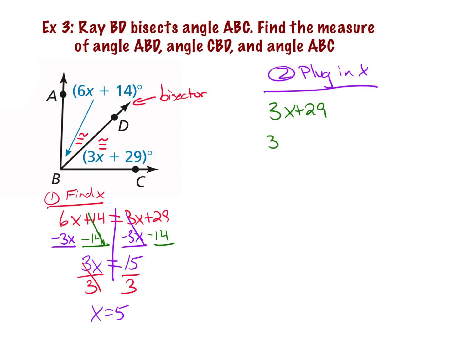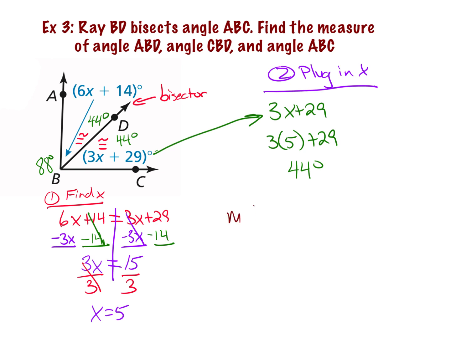So I'm going to say 3 times 5 plus 29 equals what? 44. 44 degrees. Okay. So it's 44 here, 44 here. And then we add those two together to get the large one, and I'll say it's 88. Yes. Okay. And then we're just going to write them all out.